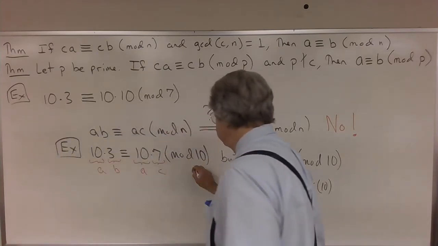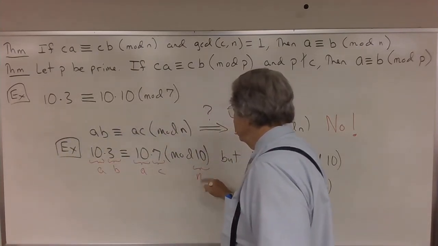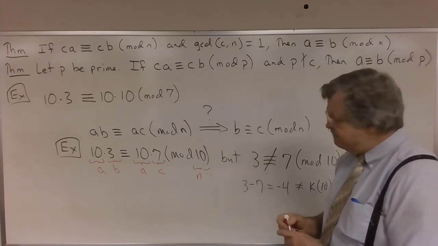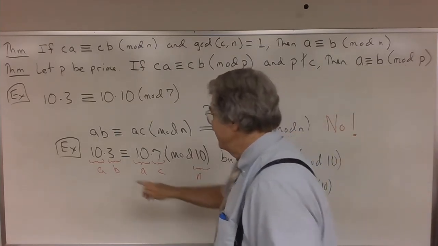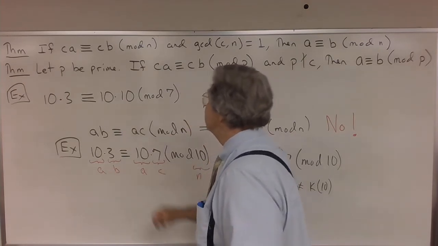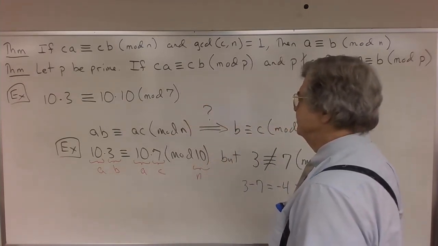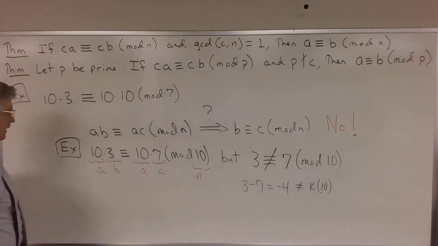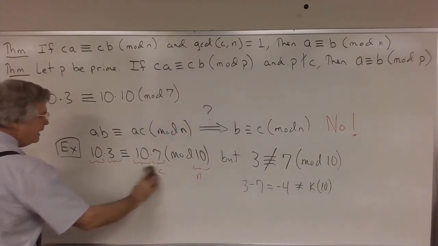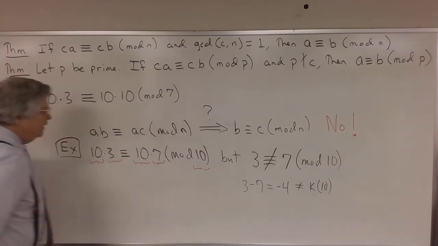Oh my goodness. 10 is also our n. So, yeah, greatest common divisor. You know what? I just messed this up. Forgive me, I didn't label things correctly. Let me do it again.